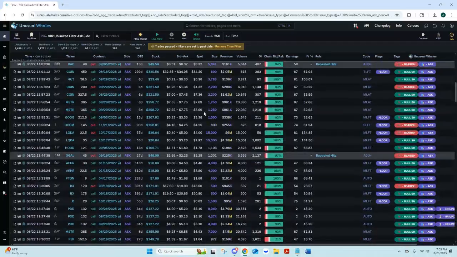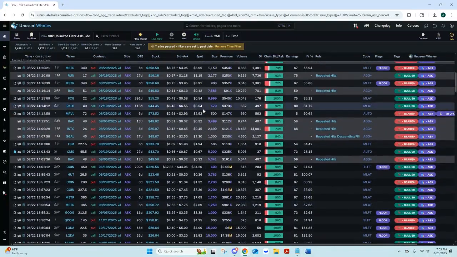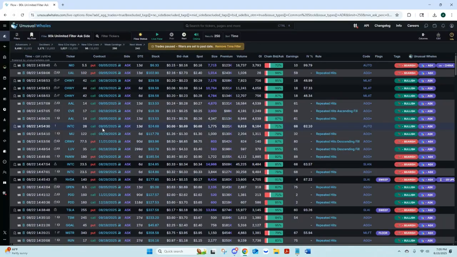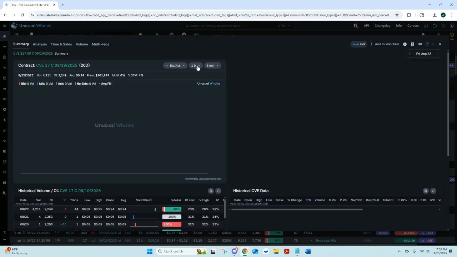Let's see if we can get a couple more. We'll do these UALs. You see something come in like this, that's almost a mid-fill. You just ignore something like that. American Airlines, again, not coming in right at the ask. CVEs, good size against open interest.